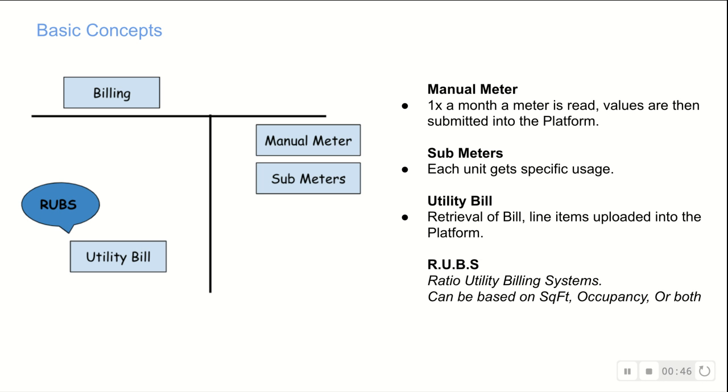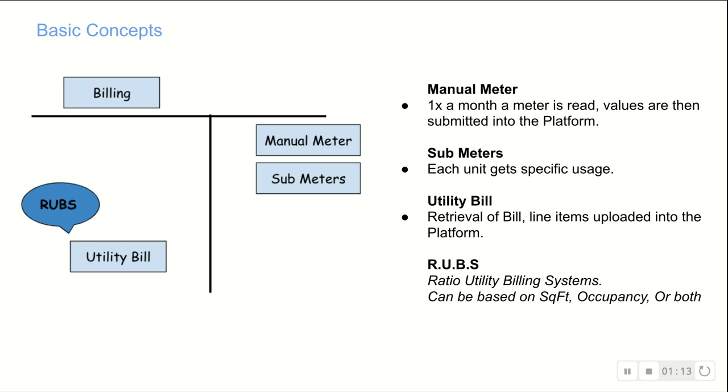Okay. Right here, we have the basic concepts of billing. On the right-hand side, we have manual meter and submeters. On the left-hand side, we have utility bill utilizing our RUB system. Manual meters are basically used as you have a team member who comes in and gets the values from the meter once a month. And then submeters is where you have a meter per unit, and those are automatically put onto the cloud wirelessly, or typically wirelessly.